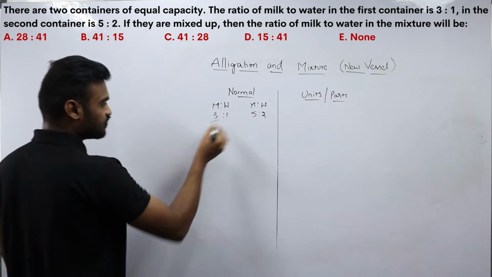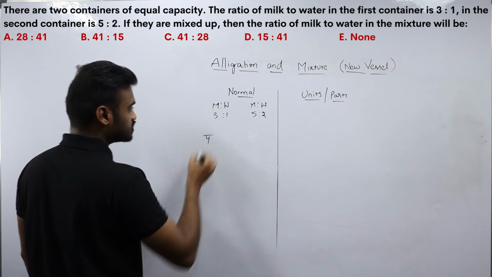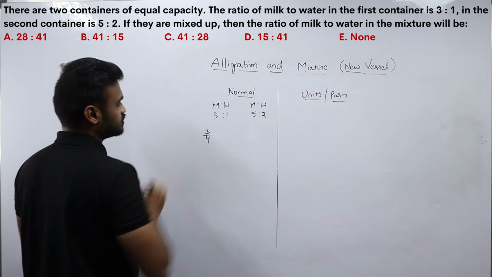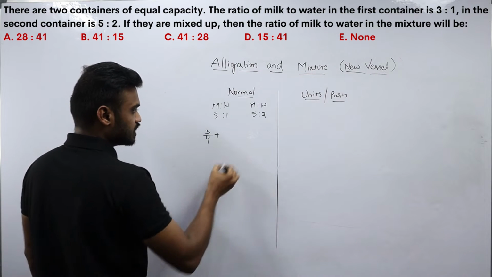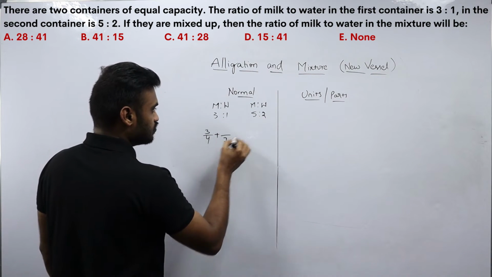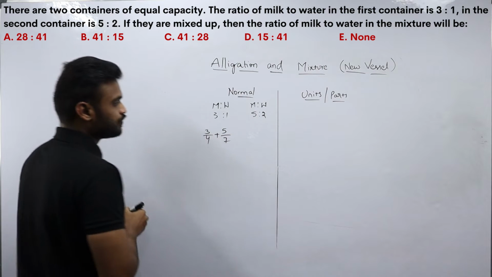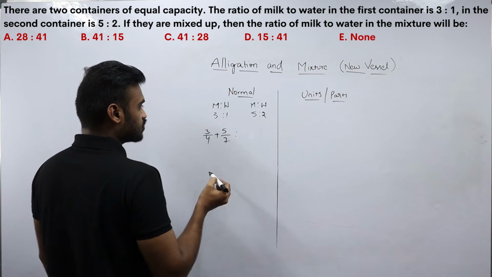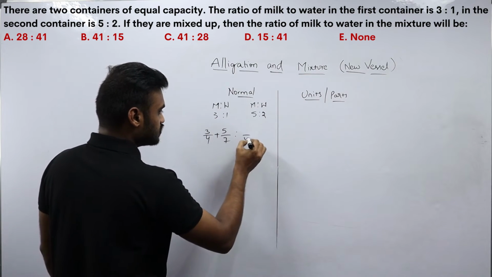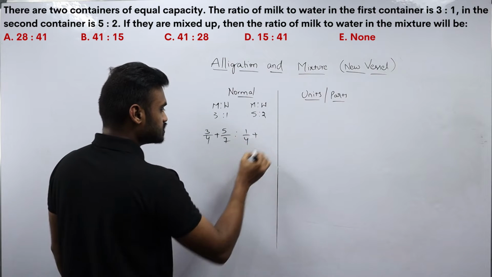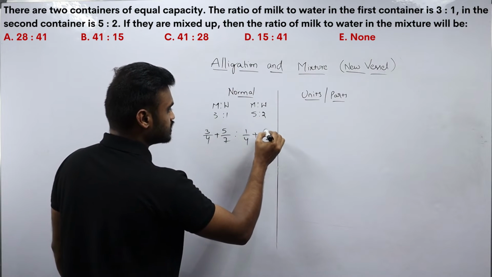Out of 4 parts, milk is 3 parts in the first vessel, and in the second vessel, out of 7 parts, milk is 5 parts. For water, out of 4 parts, water is 1 part, plus out of 7 parts, the water quantity is 2 parts.